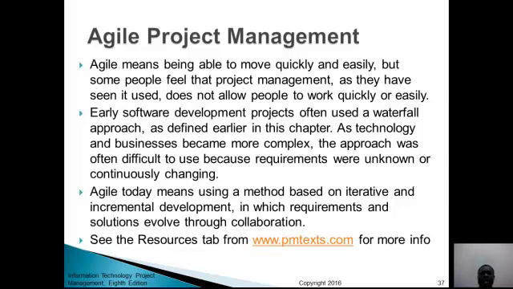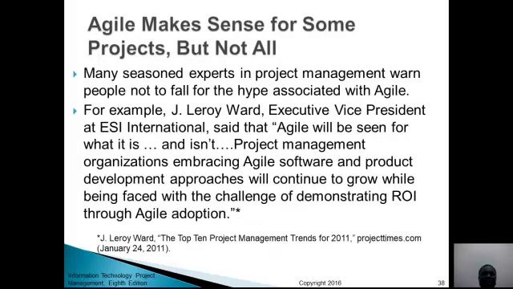The technology is moving to Agile, which means using methods based on iterative, incremental development, in which requirements and solutions evolve through collaboration. So here we don't sit to plan all our requirements like we did in the waterfall. Agile is becoming one of the technologies being employed today for IT project development.